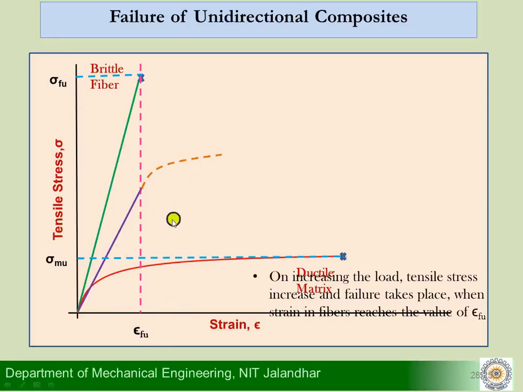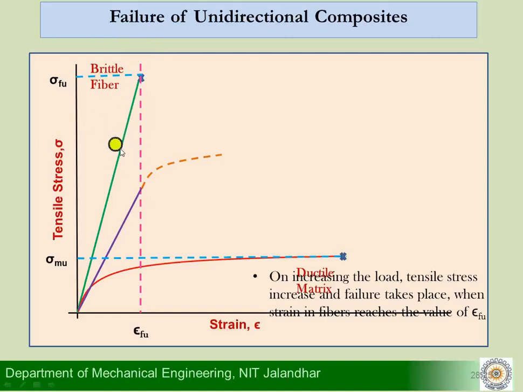We'll see what is the meaning of this. One thing is clear: when you load the fibers separately, they behave like this. When you load the matrix separately, they behave like this red line. What happens when you make a composite out of it and then load the composite material? We are interested in how it fails.